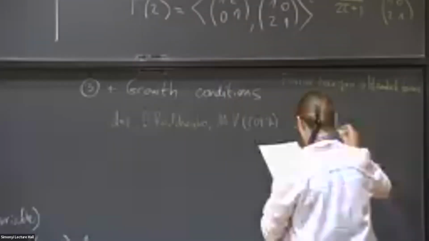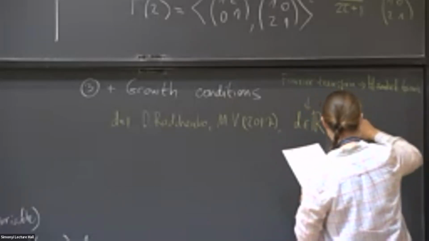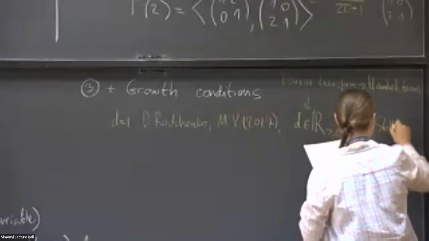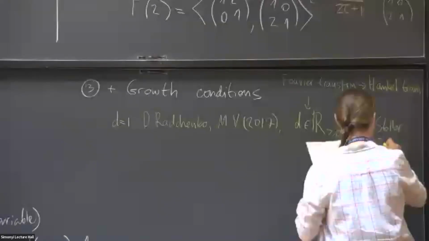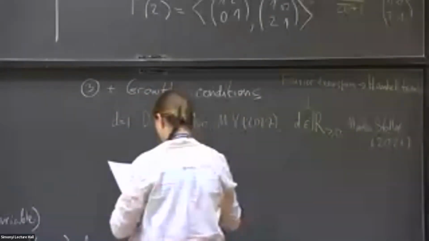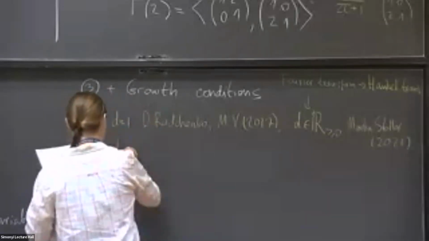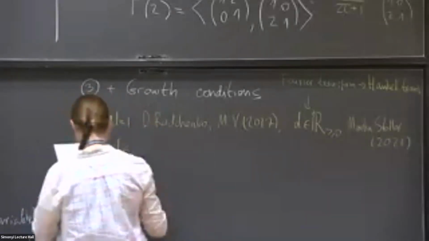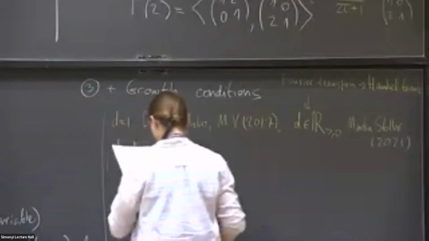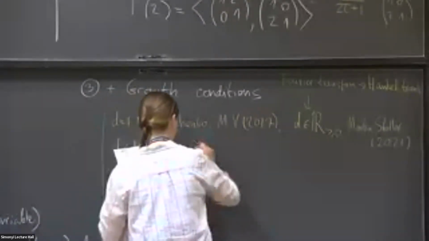And this is the kernel I'm going to write now. It was computed by my PhD student Martin Stoller in his PhD thesis. What he suggested to do is to fix D, and also consider two integer numbers L and L tilde.